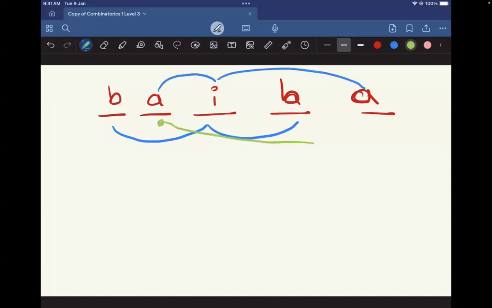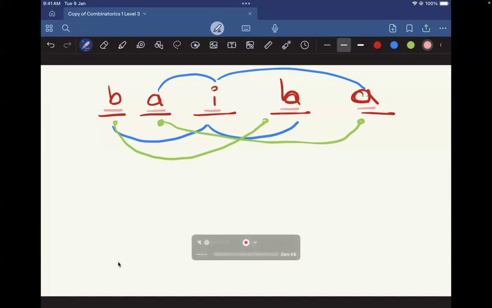Similarly, A and A is a palindromic subsequence and B is a palindromic subsequence. Not to mention that A, B, I, B, A all by itself is a palindromic subsequence. Yes or no, guys? Is this much clear, what palindromic subsequences are? Now, if this much is clear, we want to minimize this, all right?